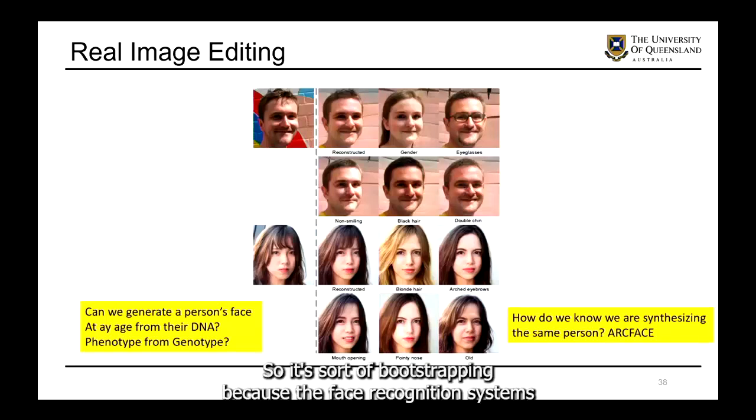So you're sort of bootstrapping, because face recognition systems are about 99.99% accurate in testing. They'll do better than most humans, so we can use ArcFace to determine if our synthetic face is still the same or whether they've changed in some characteristic. This is still work in progress, but that's one idea.